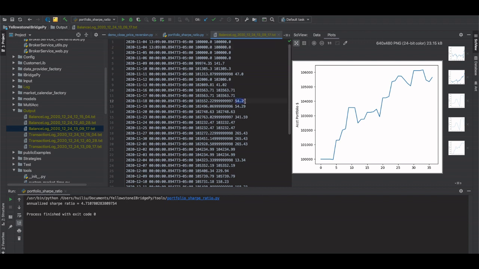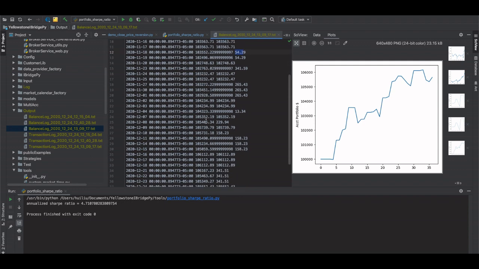You see this one, which means we are holding some position, and the cash is like this. So the third column is the daily balance in your simulation.